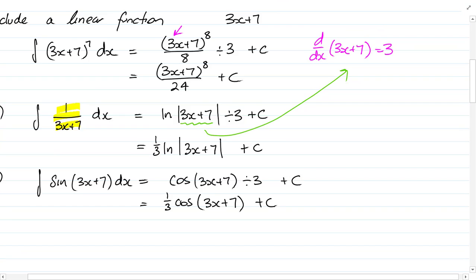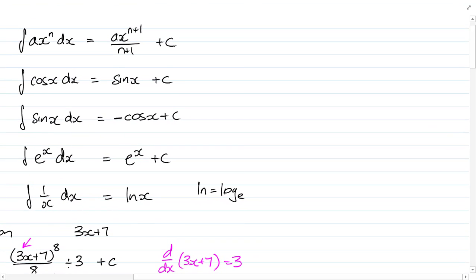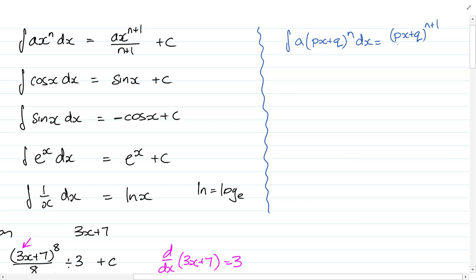Now I'm just going to shoot back up to our standard rules here, and I'm going to add a second set of rules so you can see them. If we have the integral of a, so we'll leave that a there, and we have px plus q, so a linear term now, to the power of n dx, then this will become (px + q)^(n+1) over n+1, which is our standard, but also divided by a factor of p, plus c.